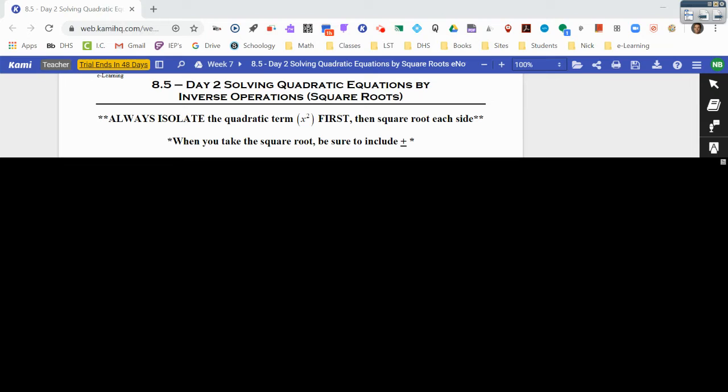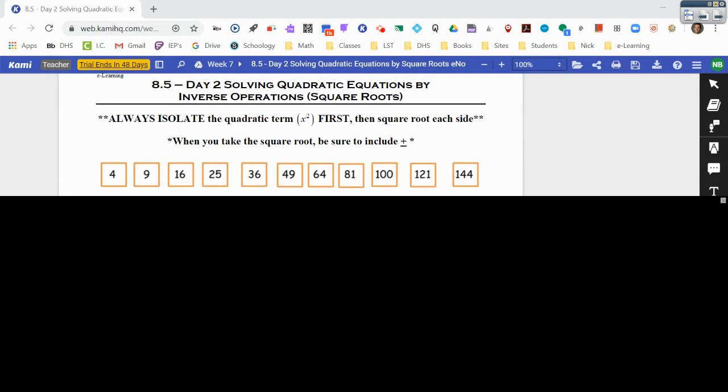The other key idea is that when you take the square root, you need to include that plus or minus sign, because it is a quadratic equation. We're going to get two different solutions, and that's why we need to include that plus or minus sign.